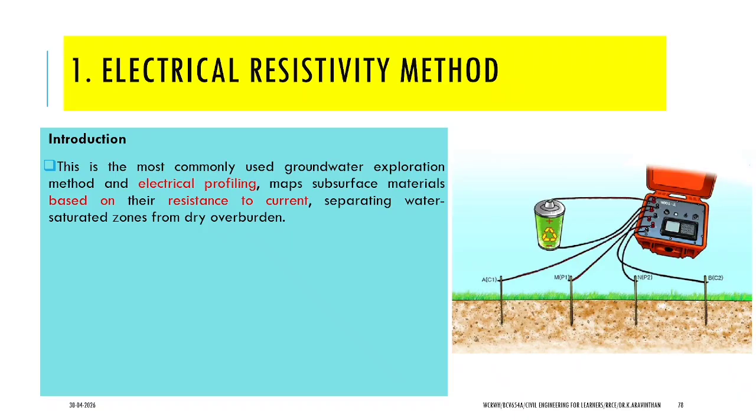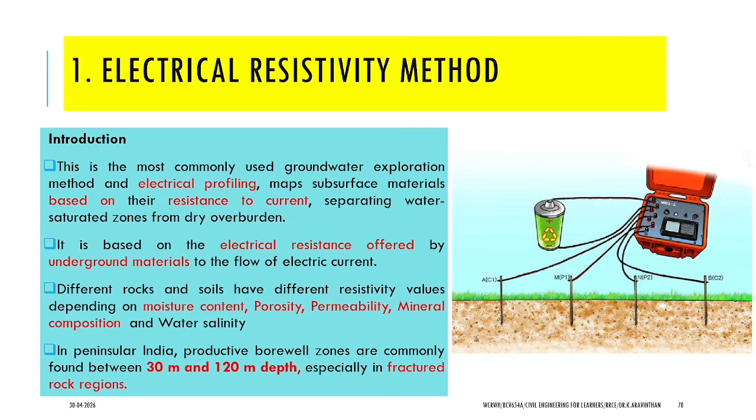This is most commonly used for groundwater exploration. Profiling: what is the profile below the soil? This test is useful for subsurface investigation between 30 meter and 120 meter depth. In the peninsular part of India, these are commonly used.